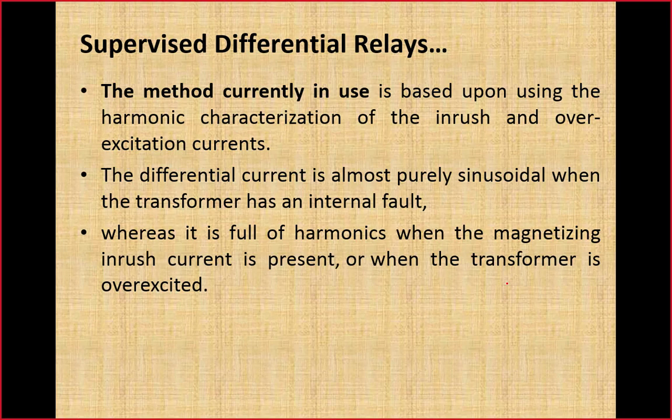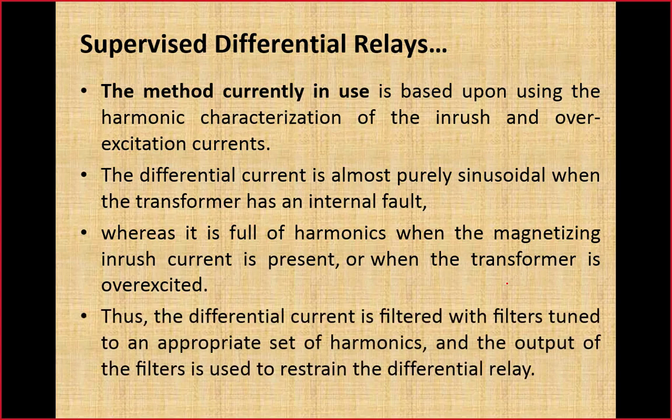So we will make use of the harmonic contents present in this difference current to block the operation of the differential relay. How? We will use filters to find the harmonic contents present in the differential current, and based upon those harmonic contents, restraining action will be performed.